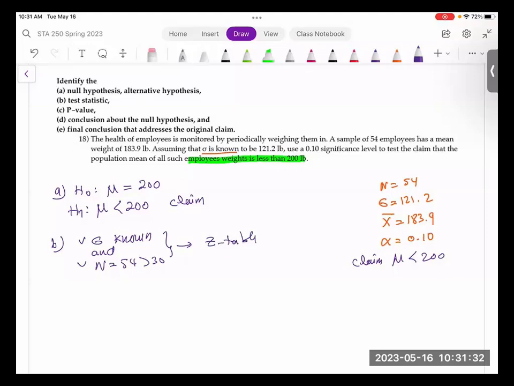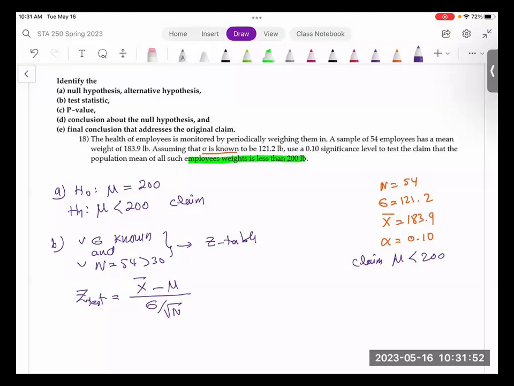This means I am using the Z test. How many samples do you have, one or two? One sample. So I am using X bar minus the mean, divided by sigma divided by radical n. This is your formula.